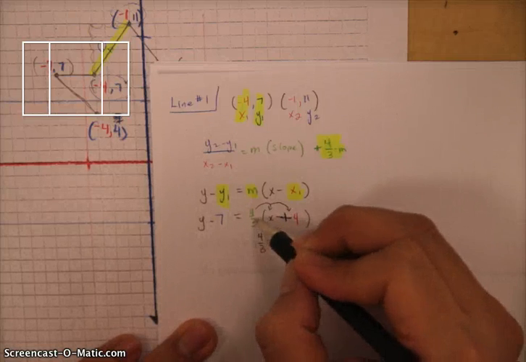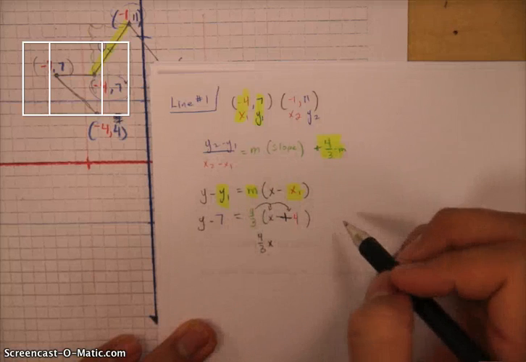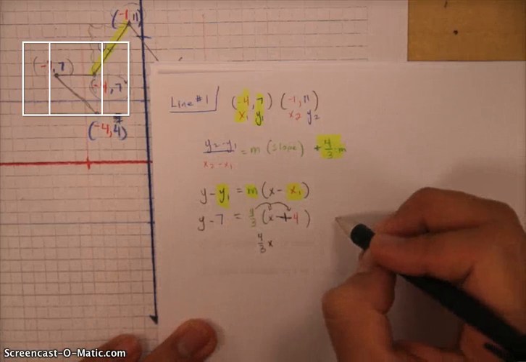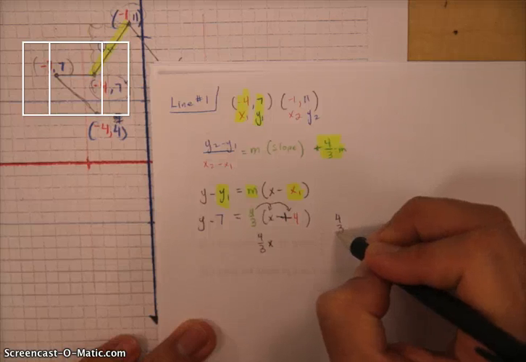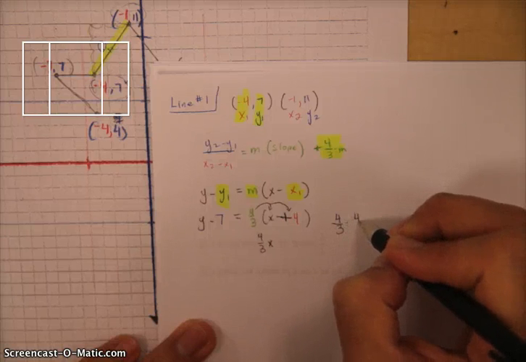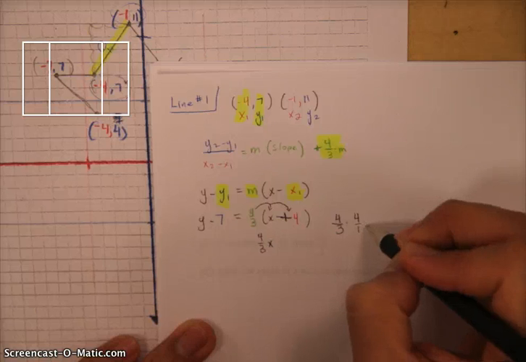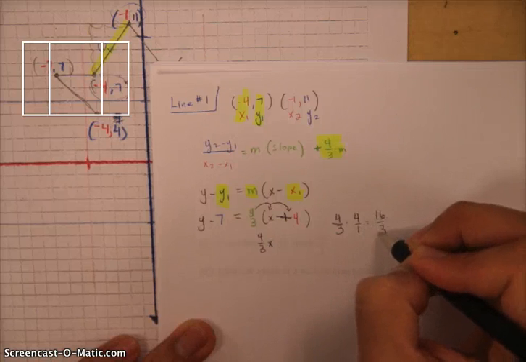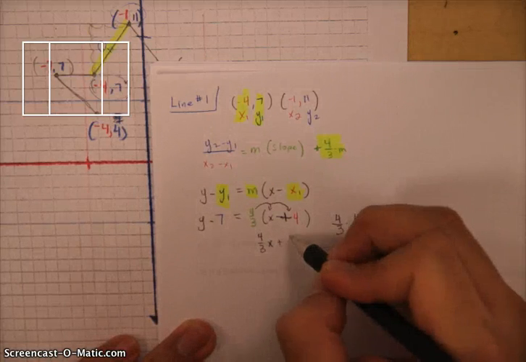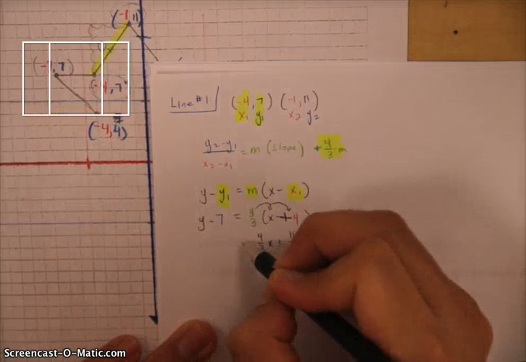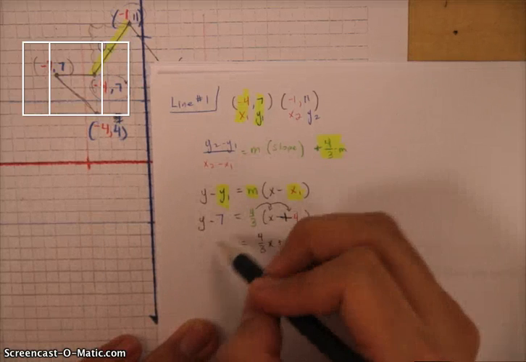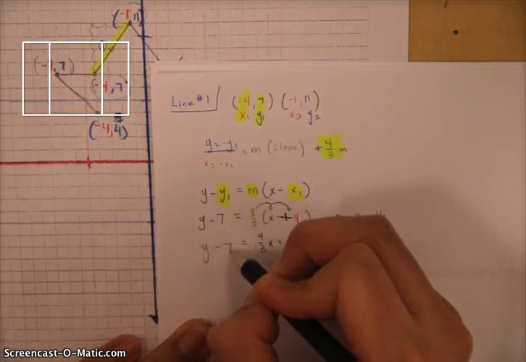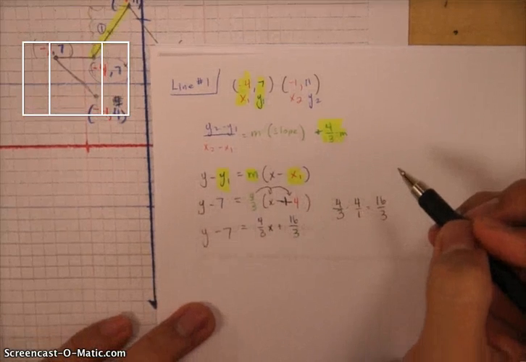And 4 over 3 times 4, this is what you use your whiteboard for, kind of side work: 4 over 3 times 4 over 1, which is 16 over 3. On the left side, y minus 7, nothing happens over there. Can't combine any like terms.